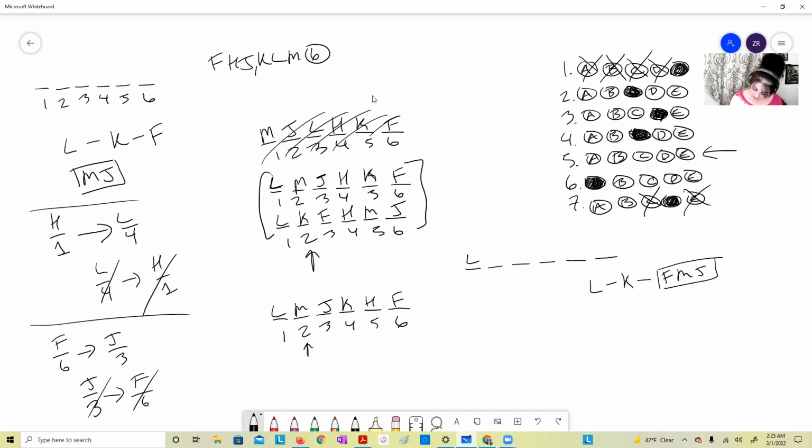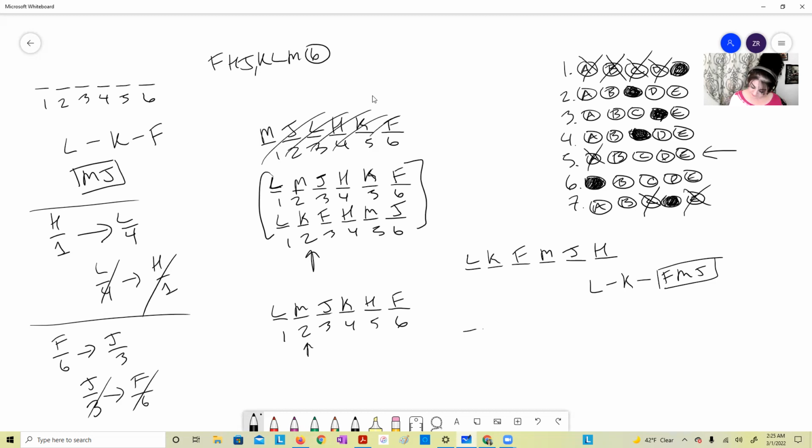Could we put L on 1, K on 2, then F, then M, then J, then H? Would that be good? That would work, wouldn't it? Yeah, so that works. So that's not the correct answer.